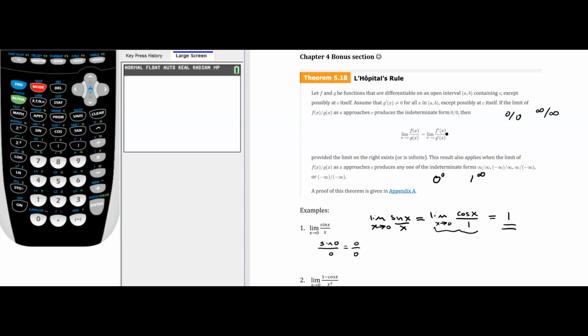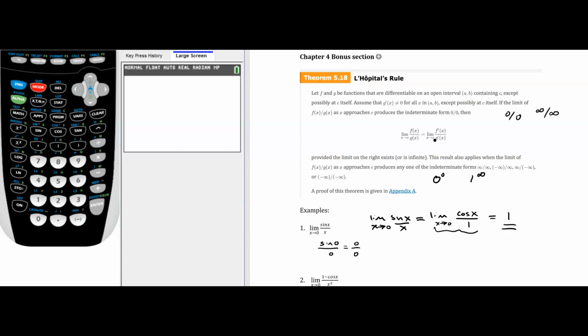And so basically, what's the rate of change at 0 for the numerator, and what's the rate of change at 0 for the denominator? And depending on what's getting to 0 faster, that's kind of the idea of what's happening behind the scenes here.